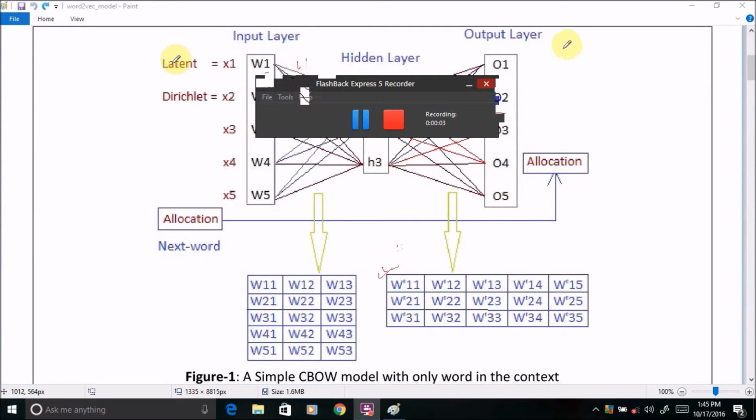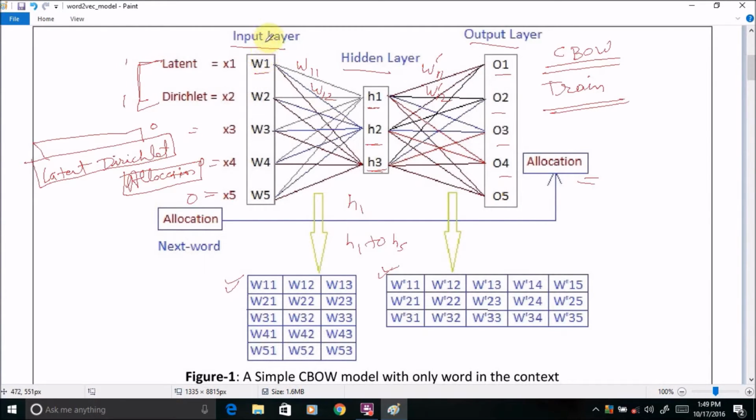In the continuous bag of word based model, we first train the system. To train the system, we first take the training example and apply forward pass. After that, we check the error.